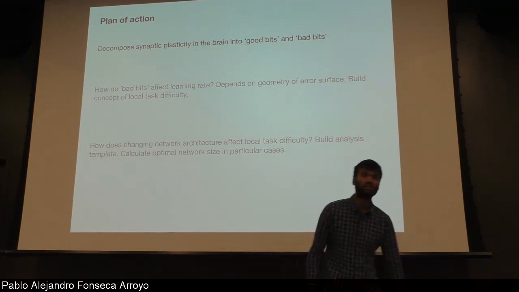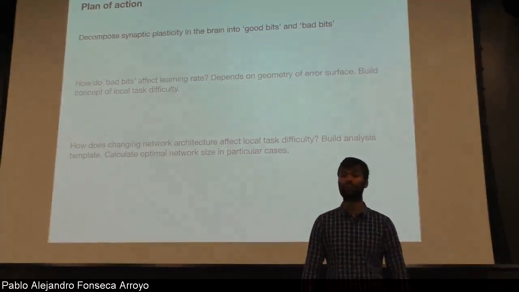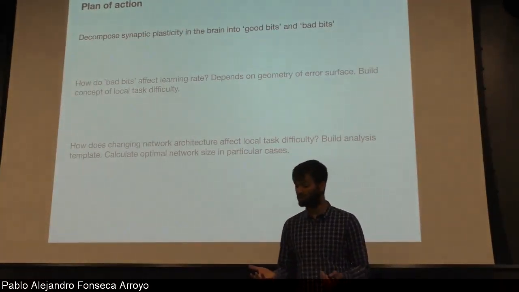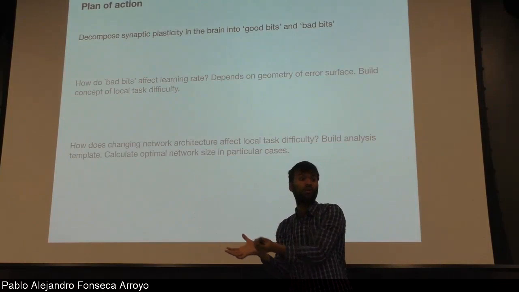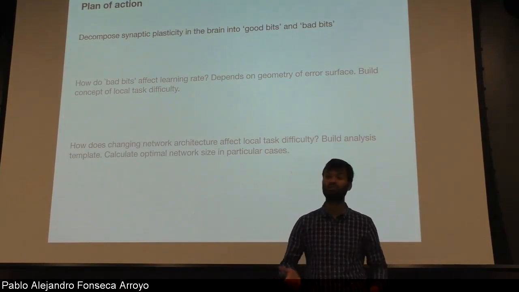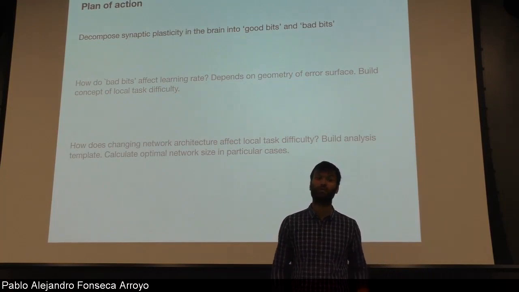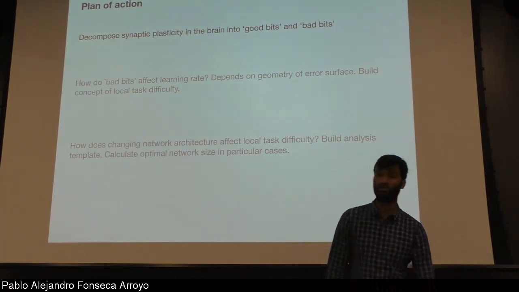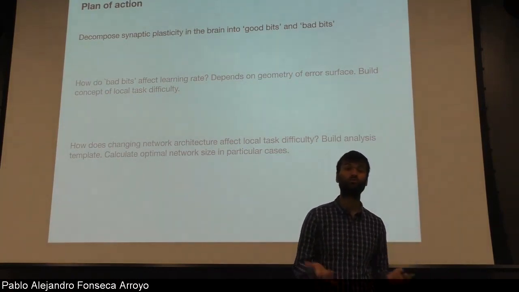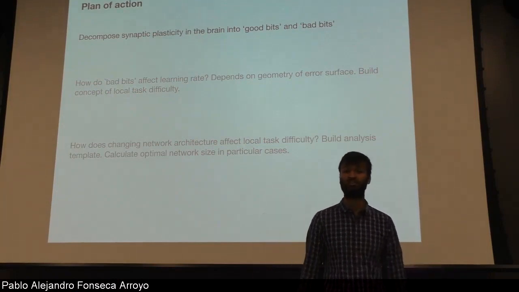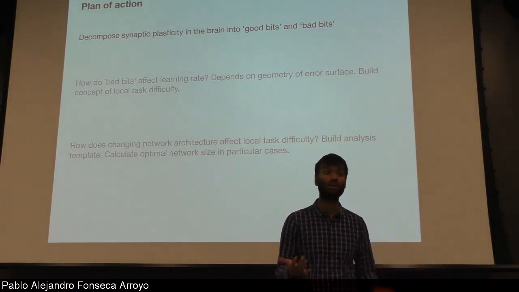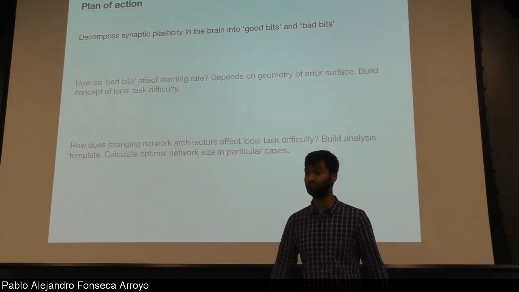I'm going to show that this change can make the neural network in the image of this mapping more robust to bad plasticity. So by changing neural network architectures, you can make networks more robust to arbitrary plasticity and have faster learning rates in a very noise-corrupted learning regime.